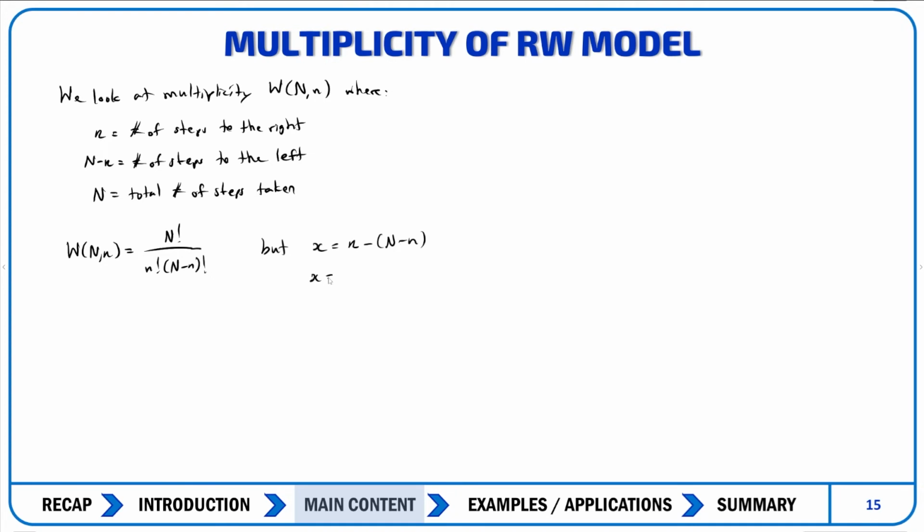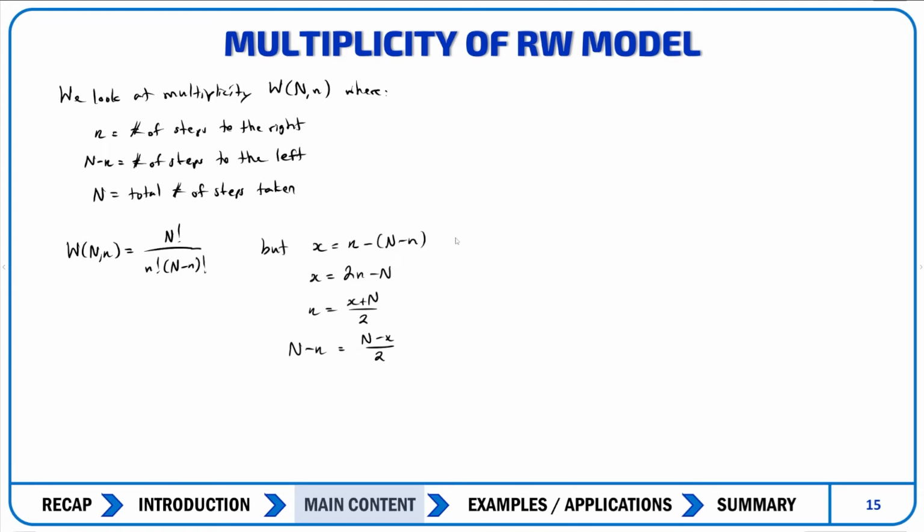This will give us x equals 2n minus capital N. And then we can figure out n to be (x plus N) over 2. And we have N minus n being equal to (N minus x) over 2. Just so we have different ways of representing these values.